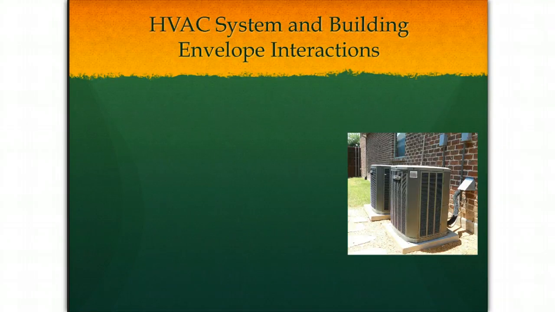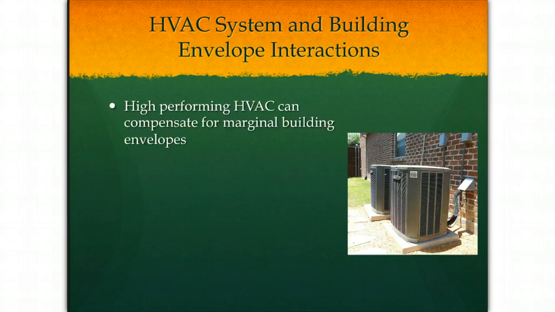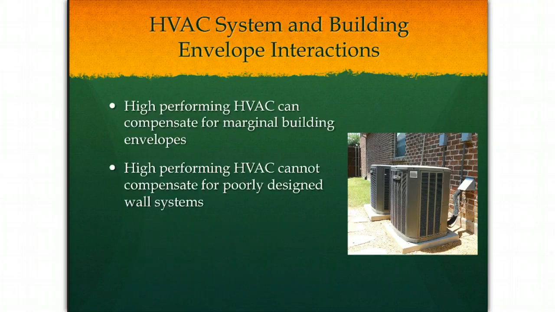Conversely, a very well-performing HVAC system can often compensate for a marginally designed or constructed building envelope to the point where many moisture problems may never be noticed. However, there is a point where even an exceptionally well-performing HVAC system cannot compensate for a poorly designed wall system, especially a wall that allows rainwater intrusion or is excessively leaky to air movement.